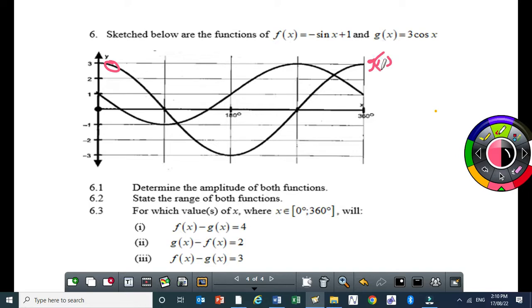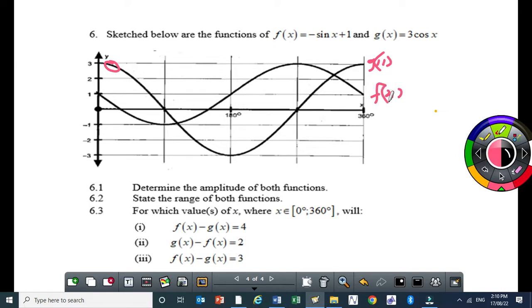How do I know? Generally, the cosine graph starts on the y-axis, so it will have a maximum on the y-axis and a minimum in the fourth quadrant. Then the second graph will be the graph of f of x. How do I know?